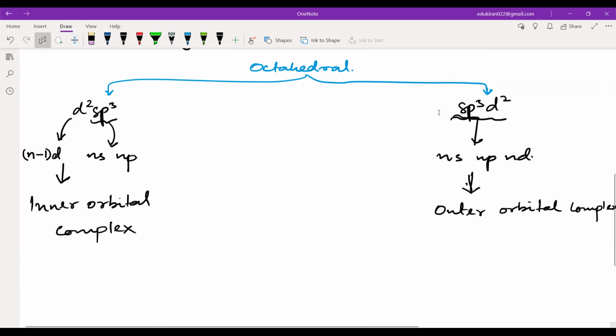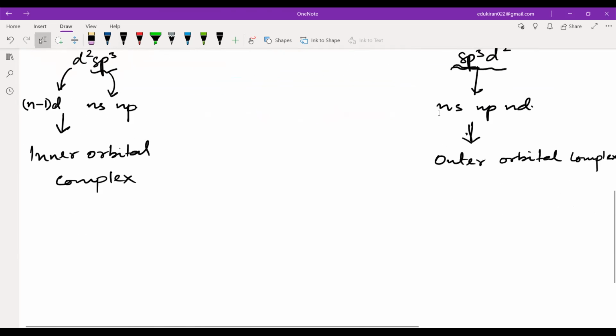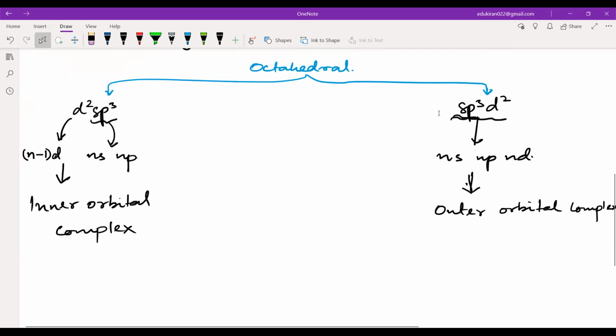And in today's example of the outer orbital complex, 4.